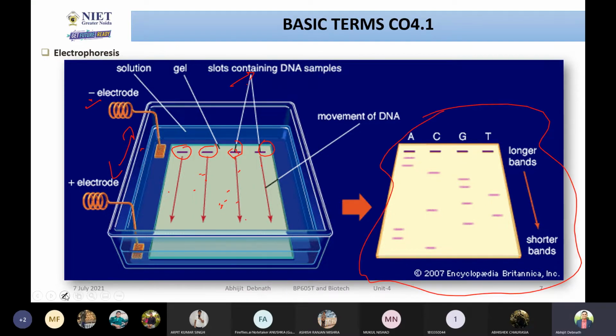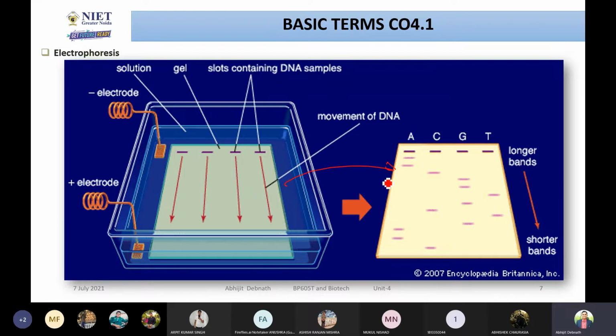Whatever you are observing will start moving and we will get such a picture. If the molecule size is very high, it will be retained in these areas. If it is very low, it will move. So based on that you can separate.